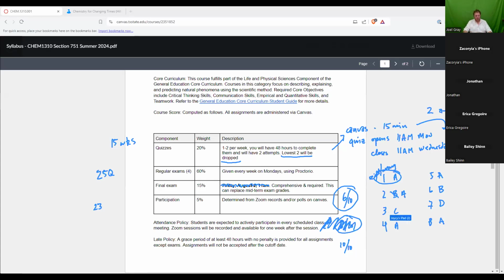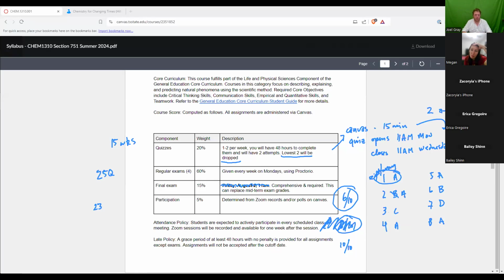I want you to look at the quizzes as different from your exams. Your quizzes are not exams. You can work on them with other people. I have no qualms with that. So that's used in place of the homework. That's why I say I want everyone to end up with 10 out of 10 on their second attempts for those quizzes.